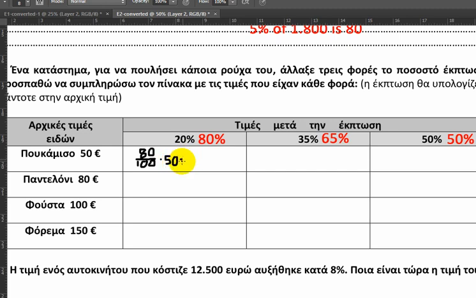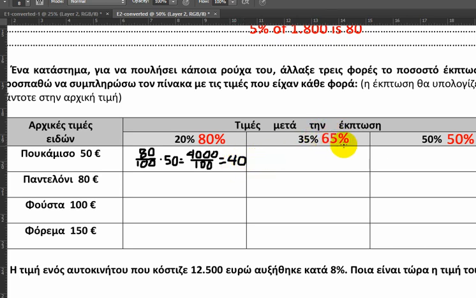So what you get is 4,000 over 100, and this isn't going to fit. So my end price is 40. So I will be paying 40.